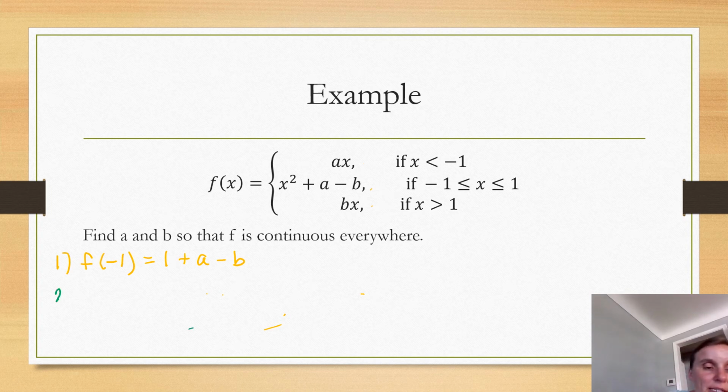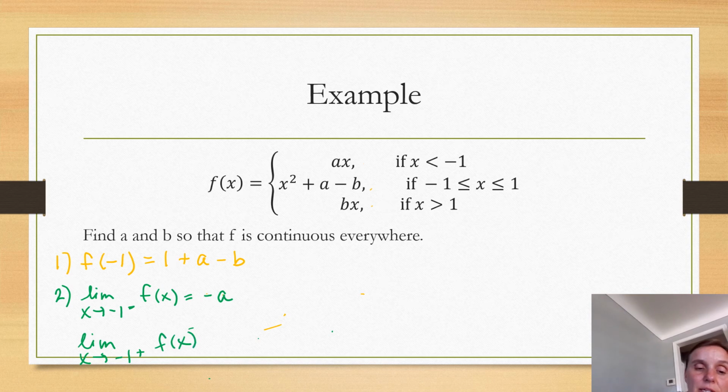Now if I look at that second part of the definition, the limit as x approaches negative 1 from the negative direction of f of x is going to be negative a, and the limit as x approaches negative 1 from the positive direction of f of x is going to be that middle part of the definition again. So 1 plus a minus b.